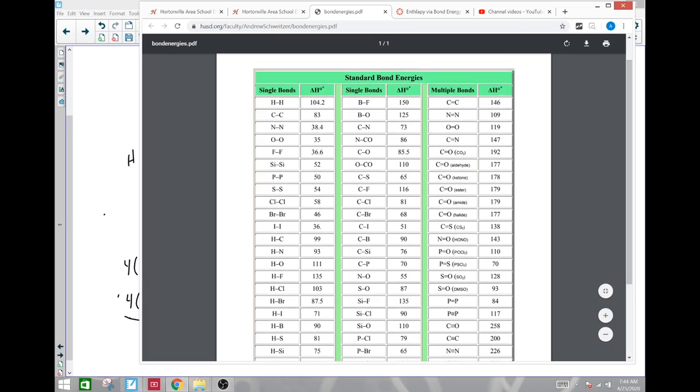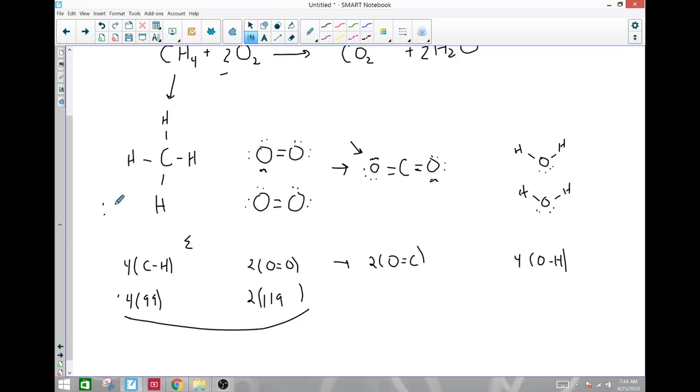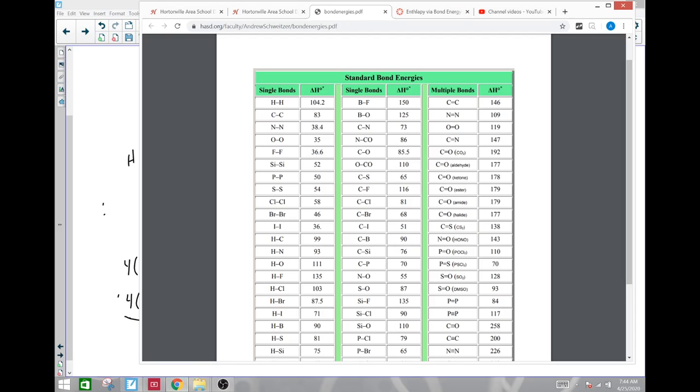So this is a carbon double bond oxygen for CO2, 192. So 2 times 192. And then this one is an OH bond. Let's go find that guy for the water molecule. And here we go, 111.